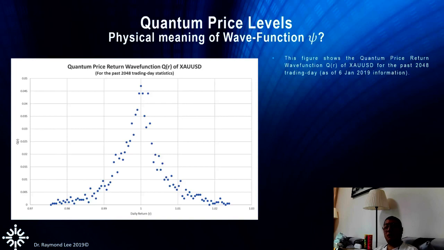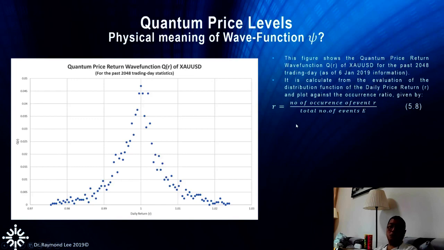This graph is what I put in early 2019 when I wrote the book, at the beginning of the year. These are the 5-year statistics, put into a histogram for the distribution of XAU, which is gold, in terms of USD.